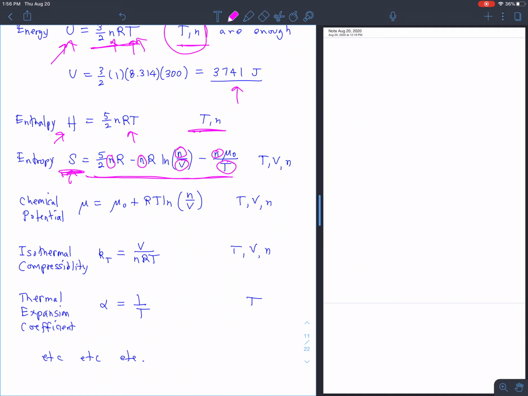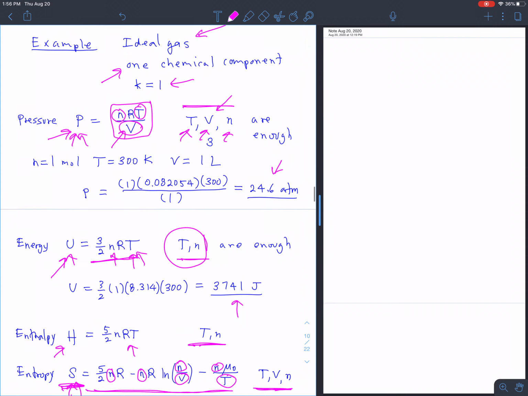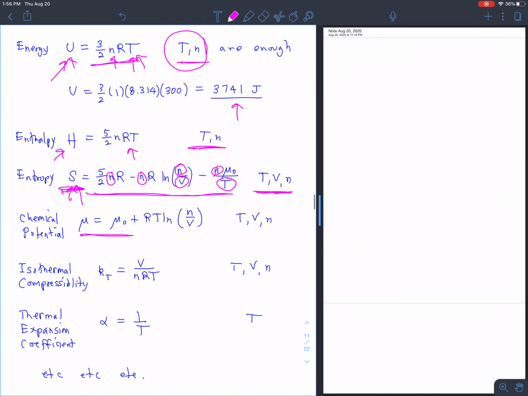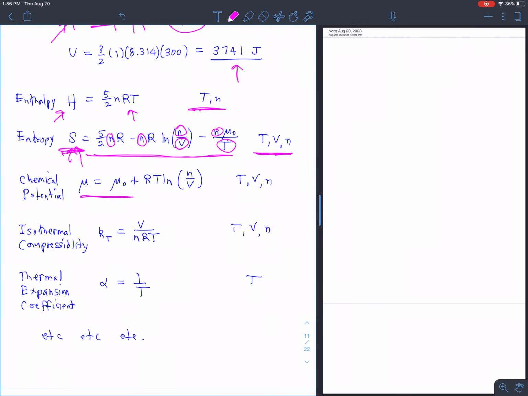There's lots of little places where all those variables occur, but there's only 3 variables. If I know those 3 values, I can predict the entropy for every set of possible conditions. And likewise, the chemical potential, we haven't talked about that much yet, but here's another expression for that. All these things are called equations of state. We'll come back to that. All these relationships are equations of state. And again, temperature, volume and mole numbers, 3 variables.